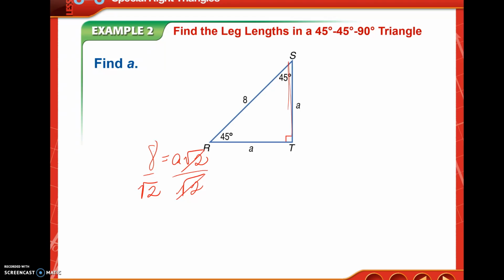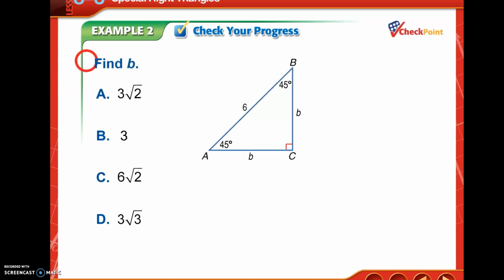So we multiplied to get the hypotenuse, so we'll divide to get the leg. A equals 5.7. Same thing, we would divide by the square root of 3. All right.